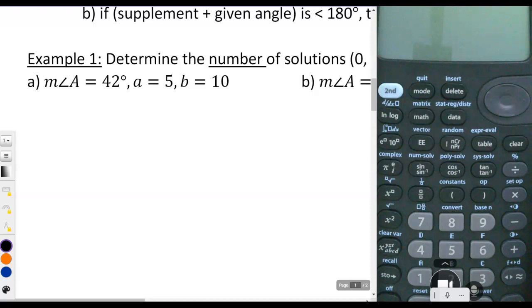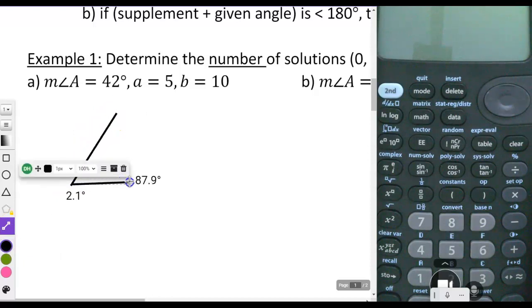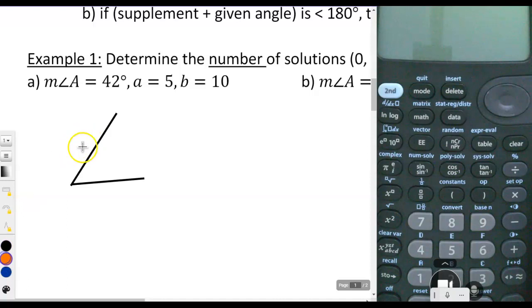So that's what this first one is. Let me sketch these out. And as usual, it's good to draw these at first, especially just to make sense of what you're doing.